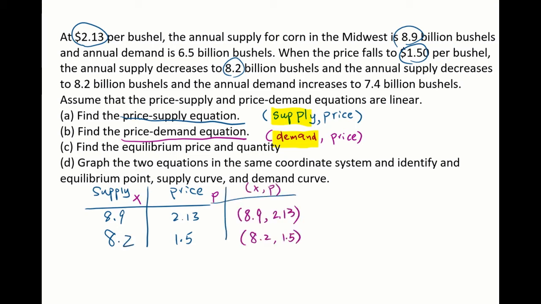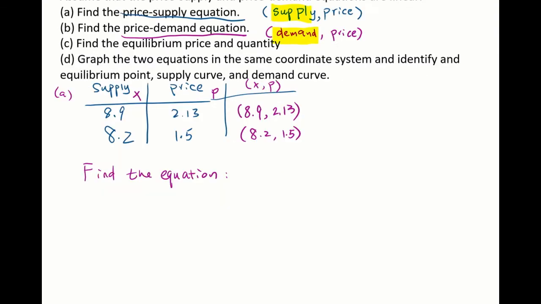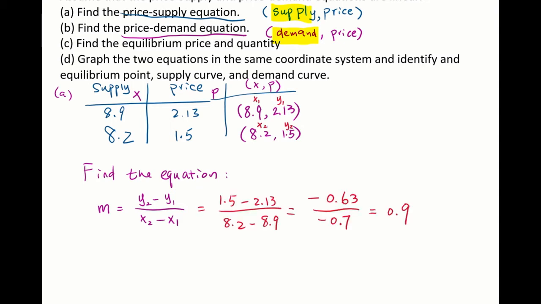So here we have two ordered pairs on the price-supply equation. We can use the 2 points to find the equation. First, let's find the slope. By using the slope formula, we can find the slope of the line we're looking for is 0.9.